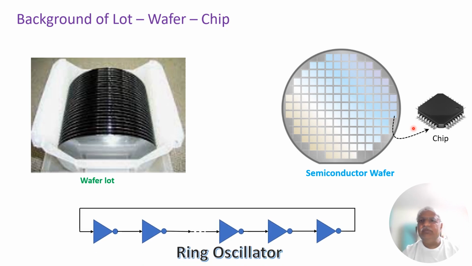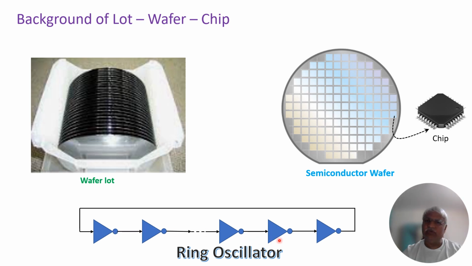Now each SoC will have process monitors such as these ring oscillators. I have shown you the most primitive one, constructed using a simple inverter. We can also construct them with NAND gates, NOR gates, and even some other gates.